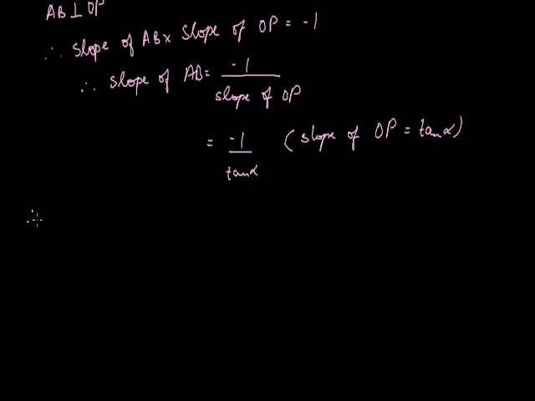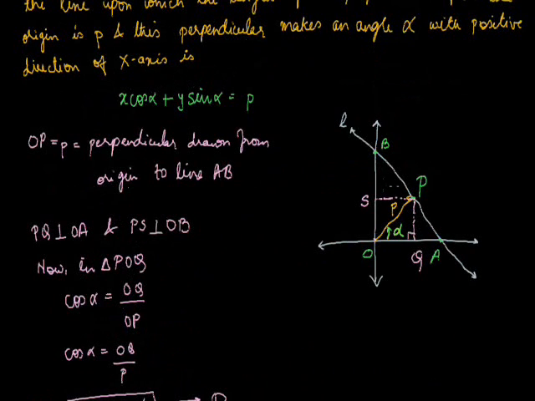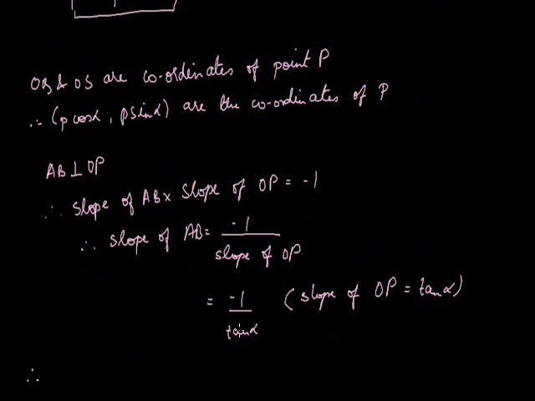Now I see that the equation of the line passes through point P and has slope -1 upon tan alpha.